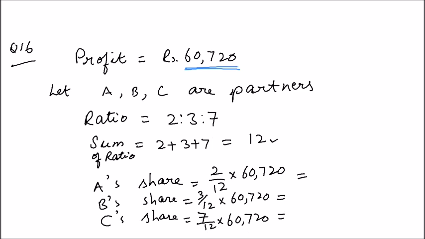Now first of all, divide this amount with 12. Now let us see what is the number. You must also calculate it. 60,720 divided by 12.